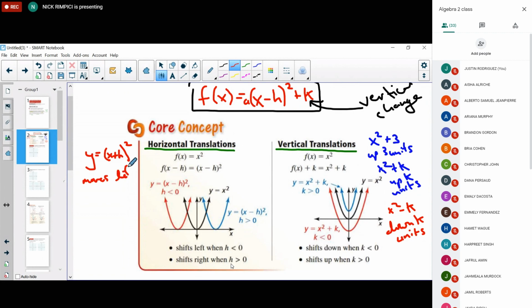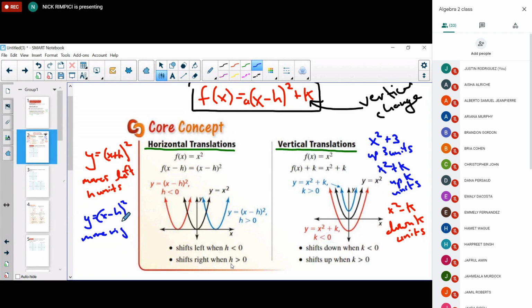Everything's backwards when you do horizontal change. So when I have an addition to x, I'm moving left that amount. If I subtract from x, I'm going to move right h units.